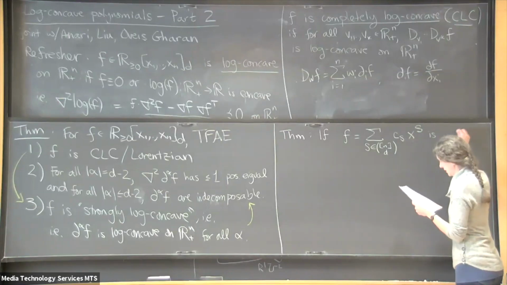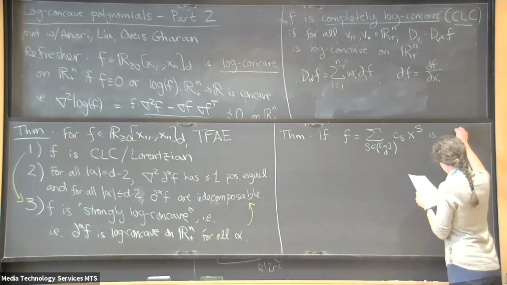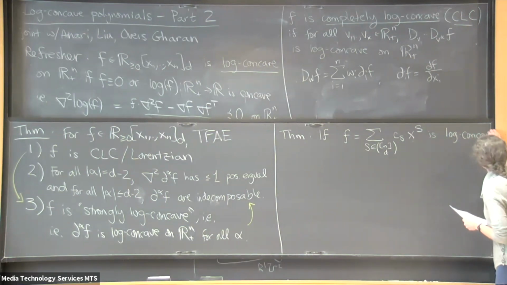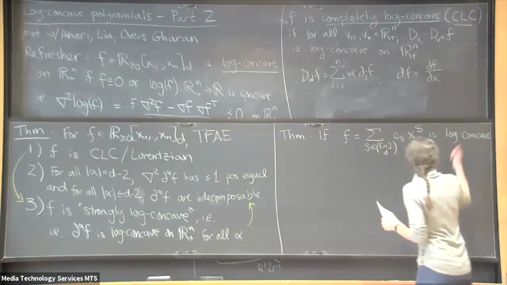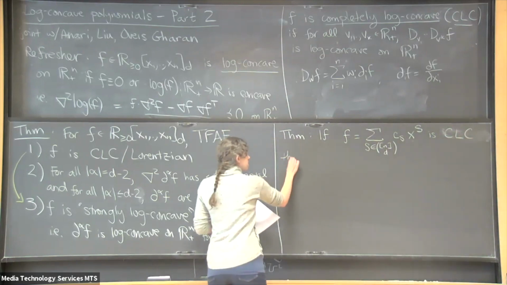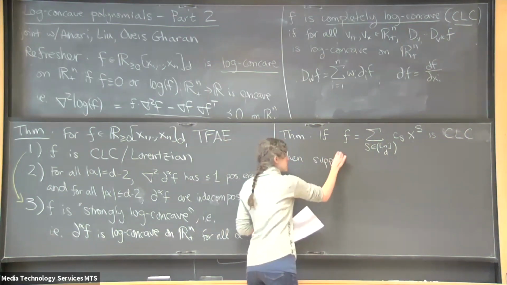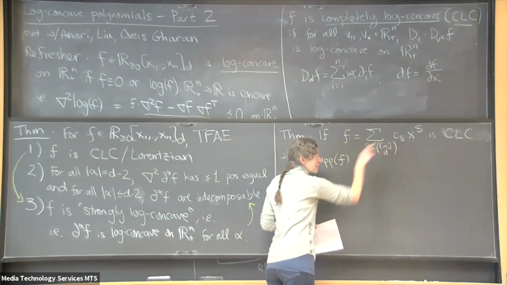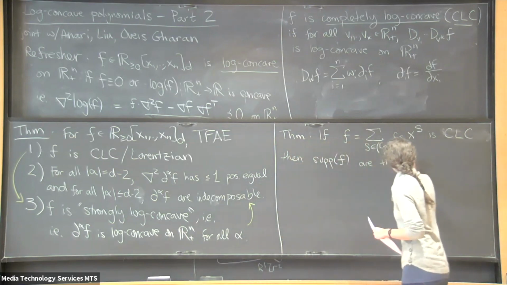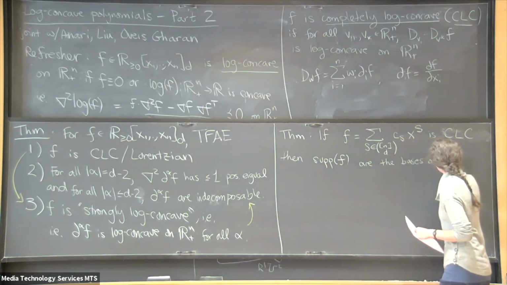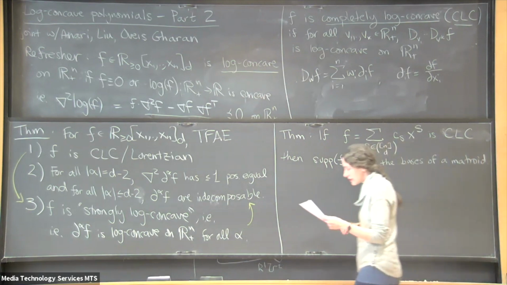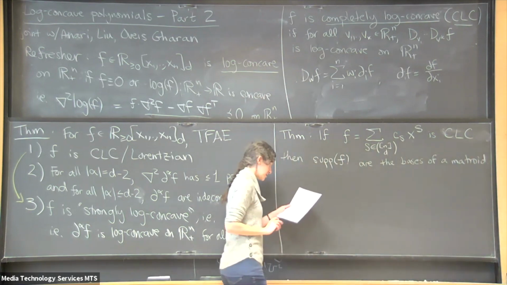If this is log-concave, well, let's say it's completely log-concave, then the support of F, the collection of subsets that show up with non-zero coefficient, are the bases of a matroid. And moreover, every matroid shows up this way, where we can take all the coefficients to be 1.